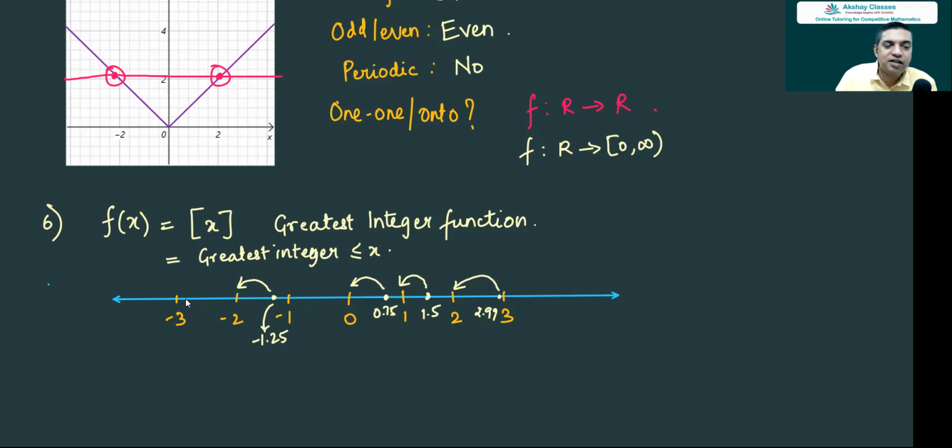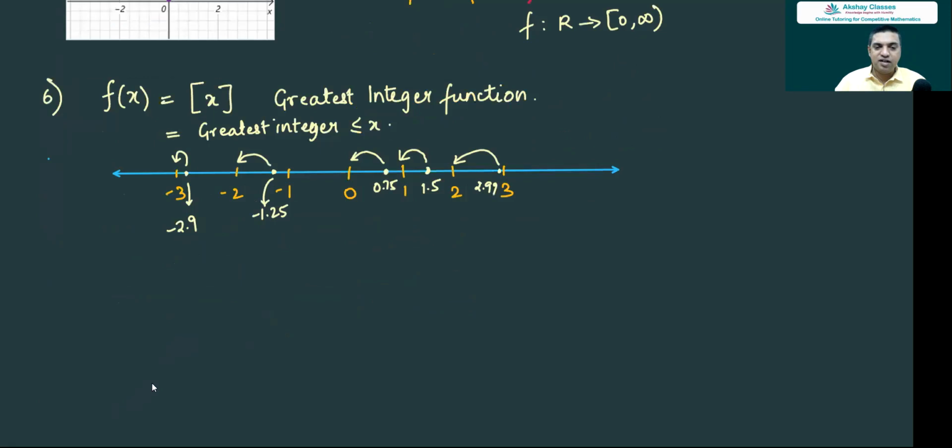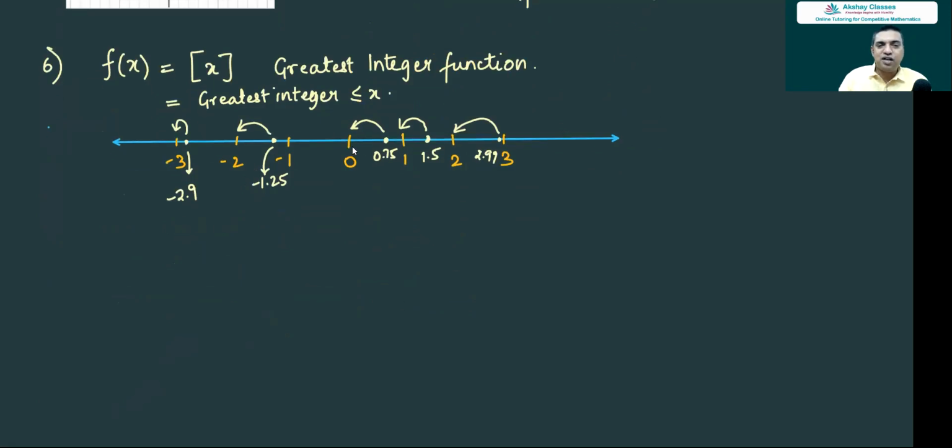Similarly, this is minus 2.9, let us say. The greatest integer will be minus 3. This is the greatest integer function, and no matter what the values in between are, all will map to this function.